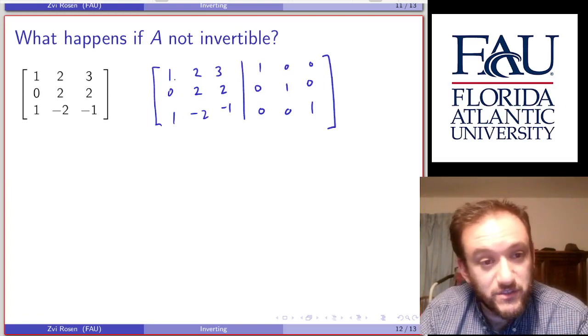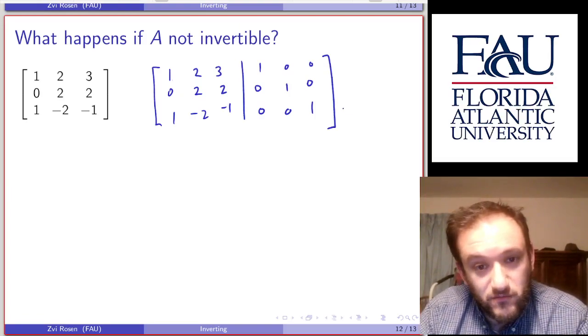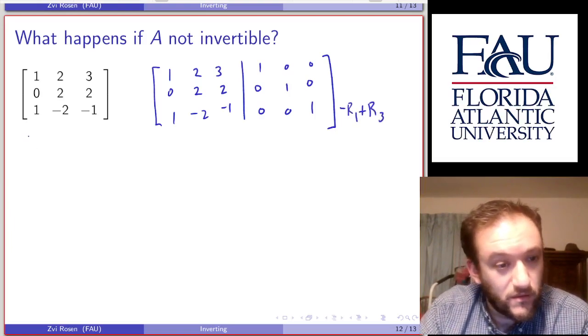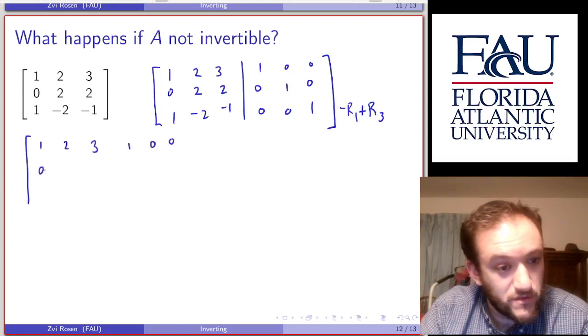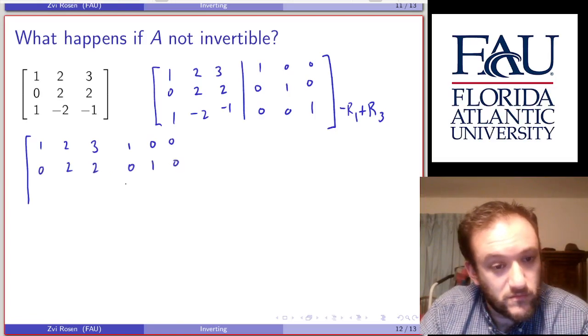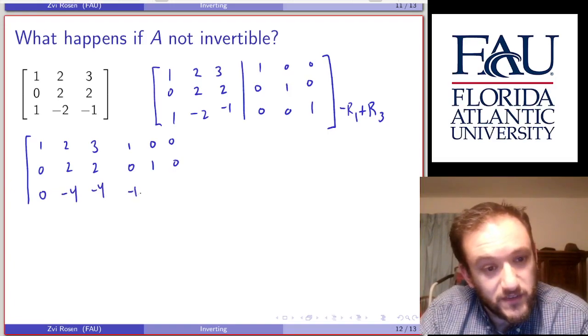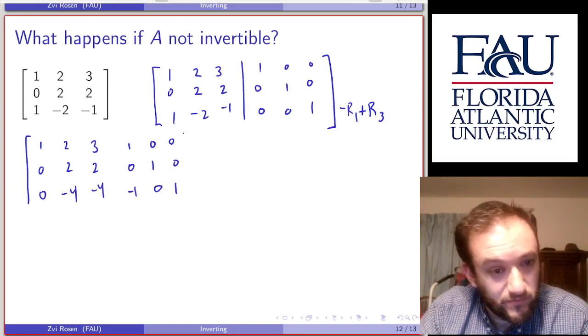So the first thing I do is add minus row 1 to row 3, and I obtain the same matrix on the top 2 rows, and then 0 and minus 4, minus 4, minus 1, 0, 1.